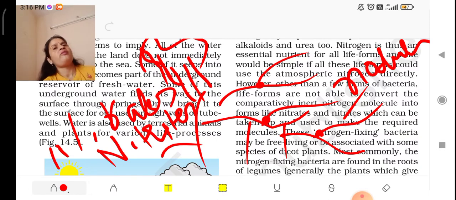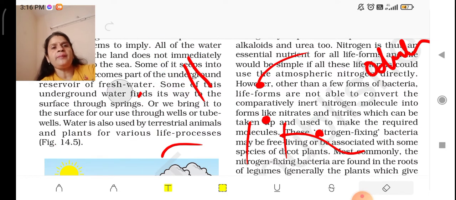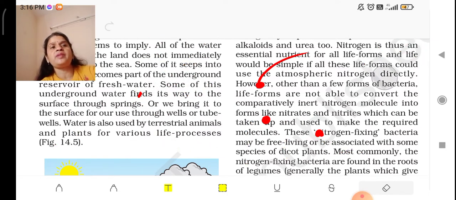No, we wash them, we make flour, then we cook them, and afterwards they become usable for us. In the same way, the plant also can't use nitrogen directly. For that reason some bacteria help them convert nitrogen into nitrites and nitrates, then they can make the usable molecule.